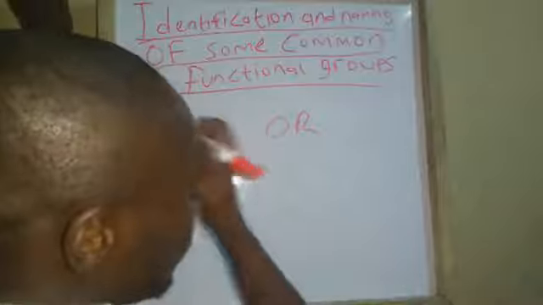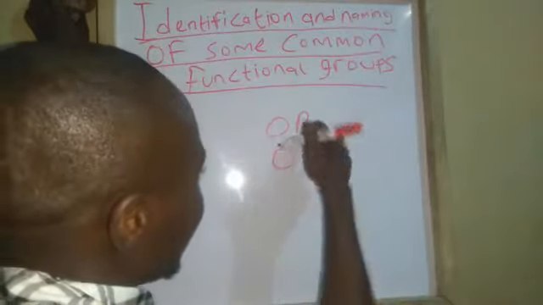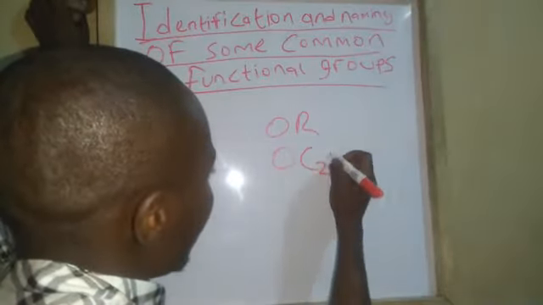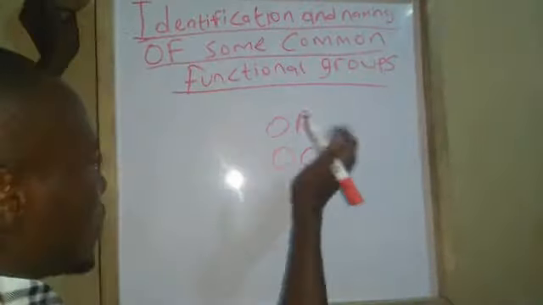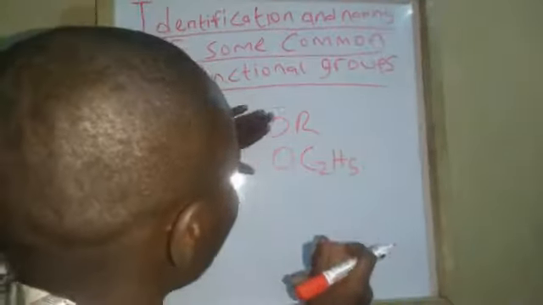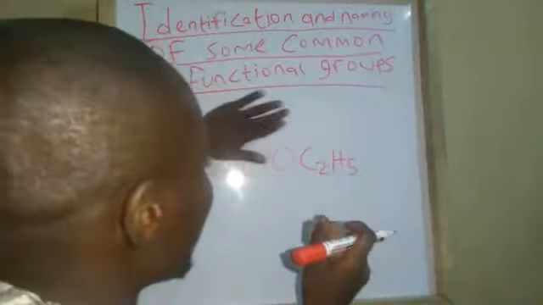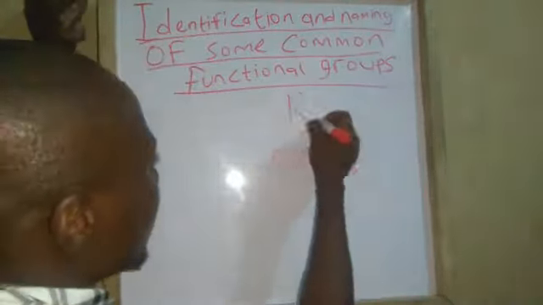So for ethoxypropane, let's write O, then let's write ethyl. That will be C2H5, that's CH3CH2, the ethoxy. Now let's talk of propane. Don't forget, in the general formula, that's ROR.